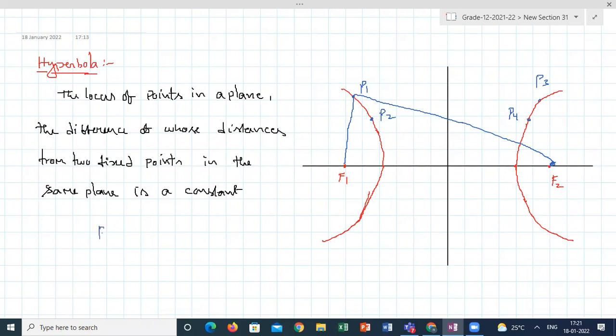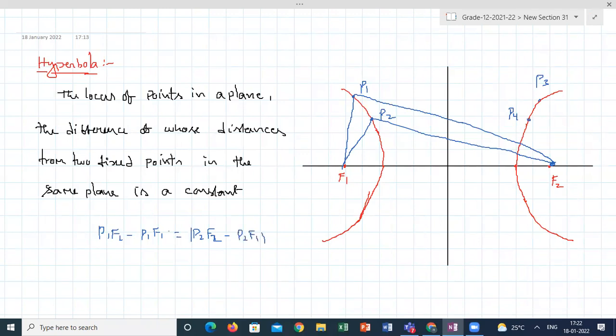I can say P1F2 minus P1F1 equals, taking P2, P2F1 minus P2F2. From this diagram, I can say P2F2 is bigger than P2F1.